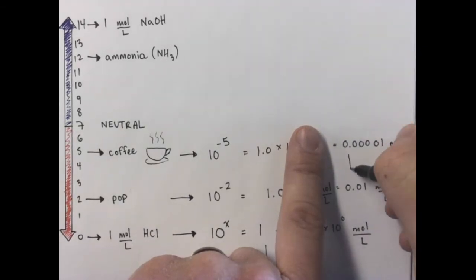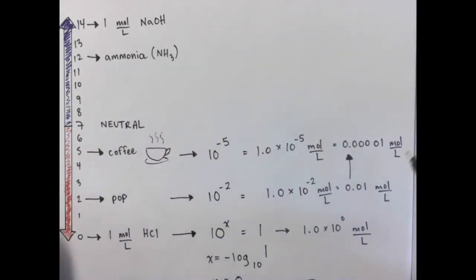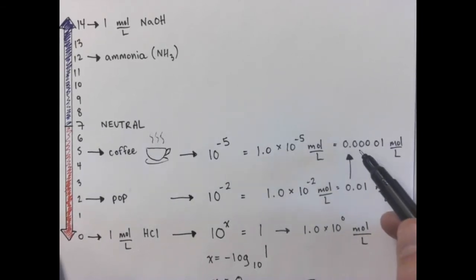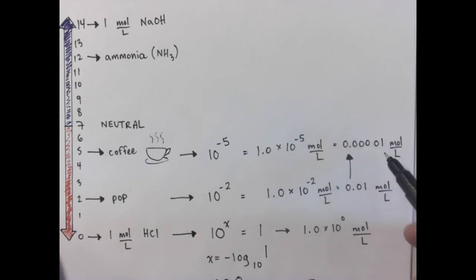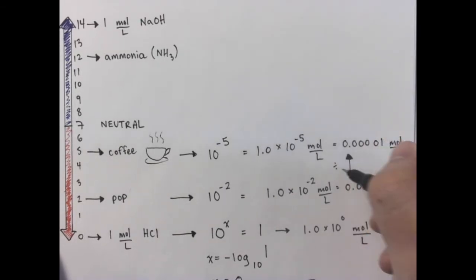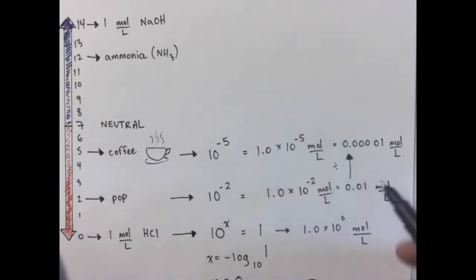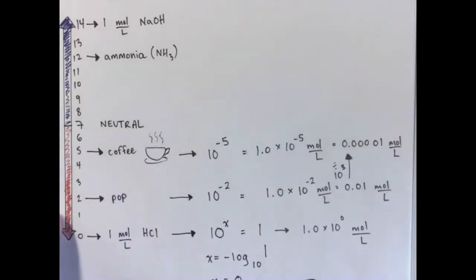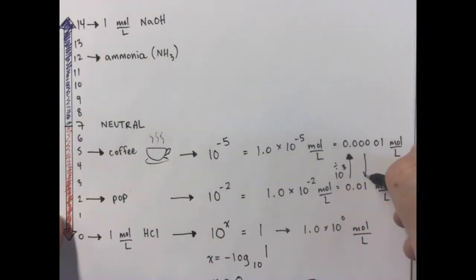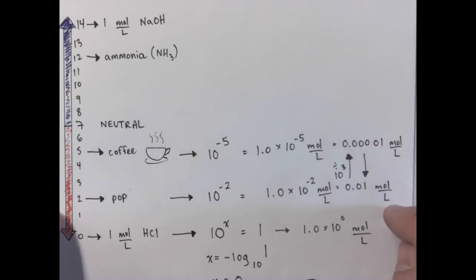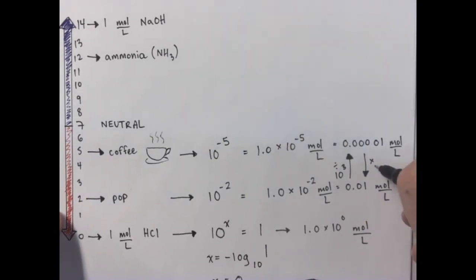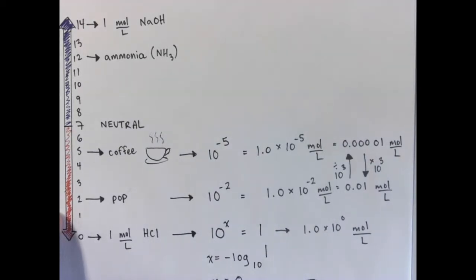Well, to get from a concentration of 0.01 to 0.00001, we'd have to divide by a power of 10. In fact, we'd have to divide by 10 to the 3, which is 1,000. If I wanted to go the opposite direction, from something that has a pH of 5 to a pH of 2, its hydronium concentration would have to multiply by 10 to the 3.